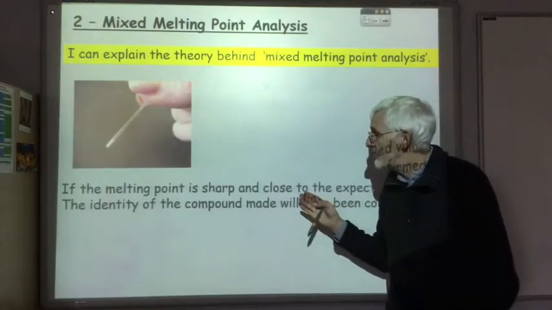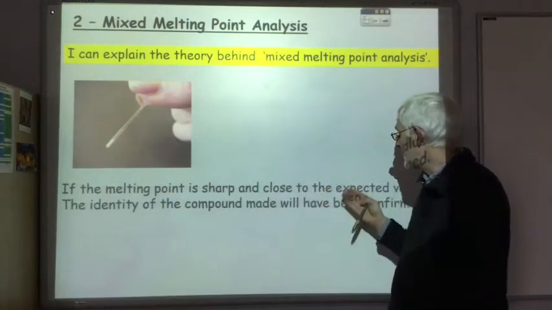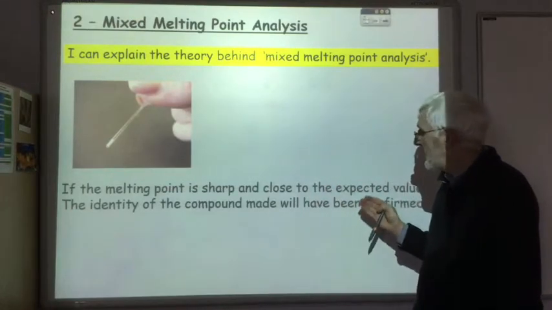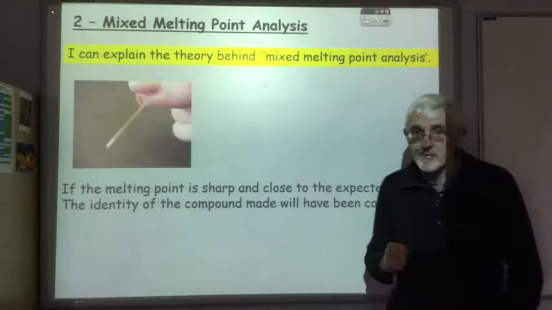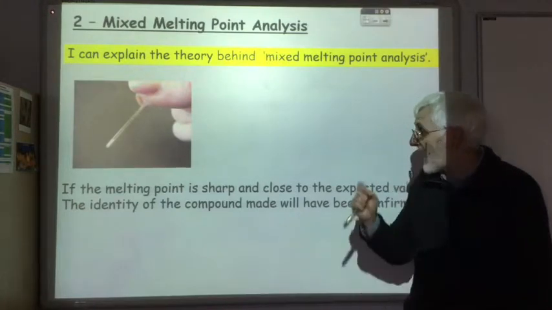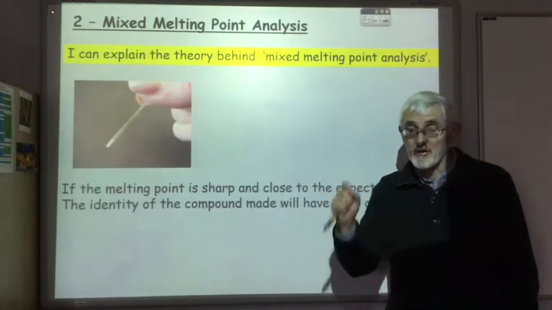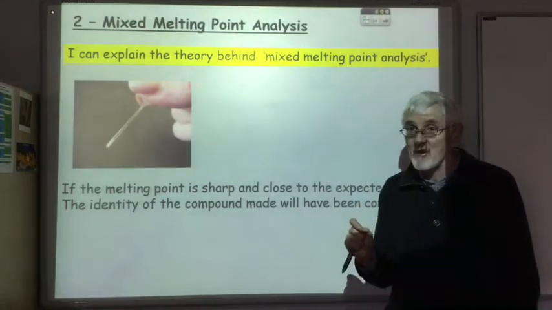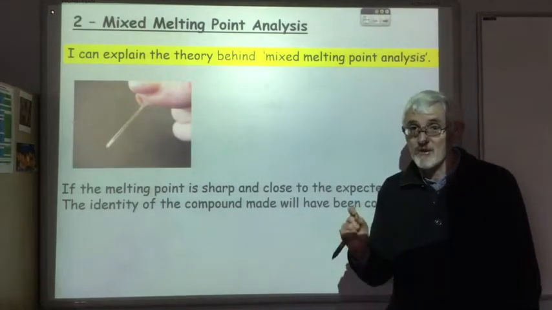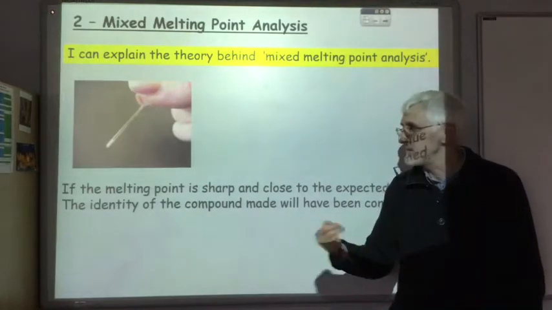Now, if the melting point is sharp and close to the expected value, the identity of the compound will have been confirmed. So you're only going to get a sharp melting point close to the expected value if what you've made is spot on. Again, let's work with the aspirin example.